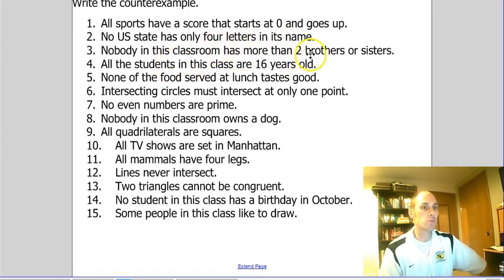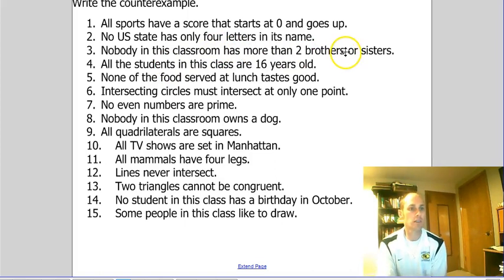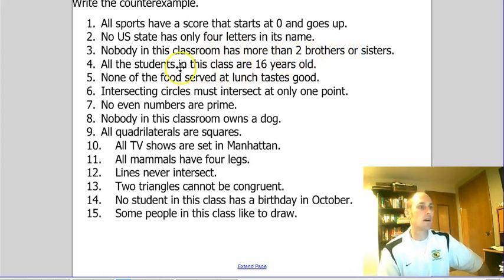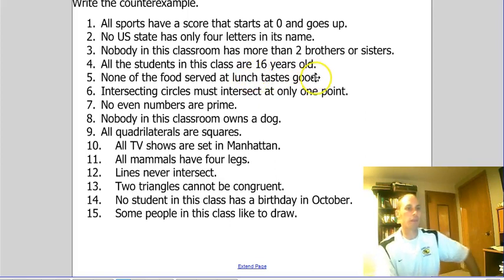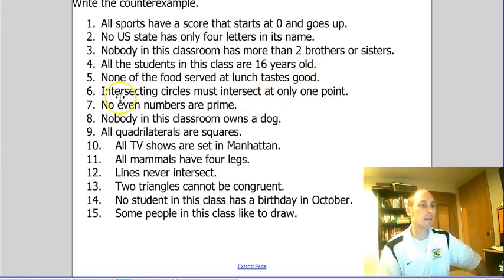3, nobody in this classroom has more than 2 brothers or sisters. I'm sure some of you have more than 2 brothers or sisters. 4, all the students in this class are 16 years old. I'm sure some of you are 15 or 17, maybe even 18. 5, none of the food served at lunch tastes good. Well, I'm sure you've got a favorite food at the cafeteria. 6, intersecting circles must intersect at only one point.